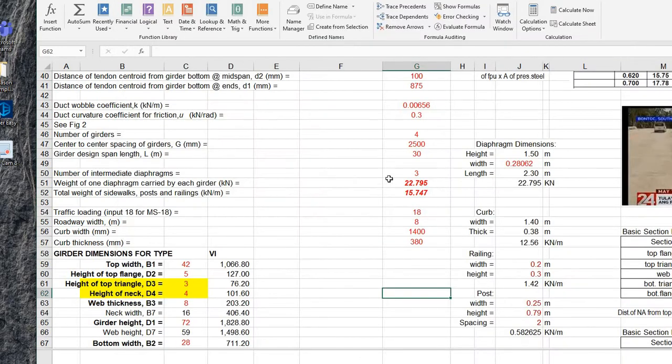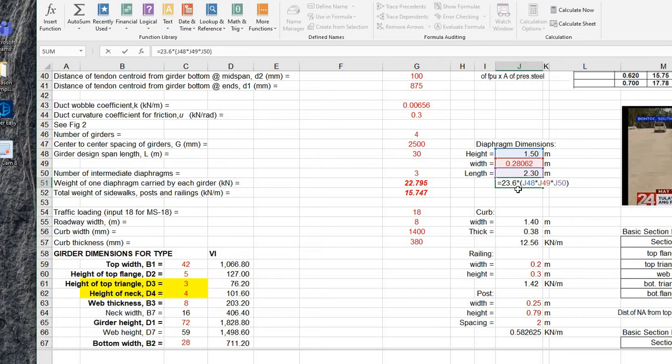And then, yung 22.795, yan ay nanggaling dito sa weight ng girder, bawat isa. Okay? So, that is simply the volume times the density of concrete or unit weight of concrete, which is 23.6.